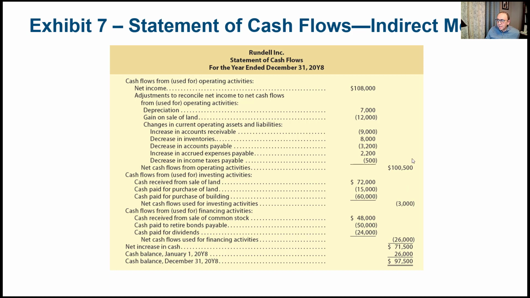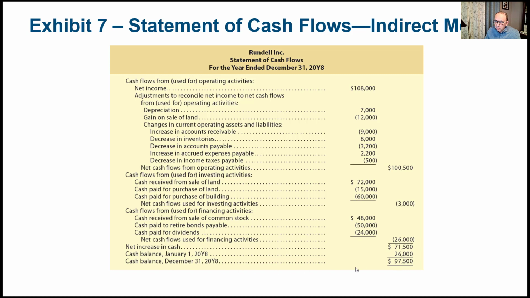So you can see that we have a positive value for operating activities and a slightly negative value for investing activities. And then for financing activities, we have the negative $26,000. Yet the total net cash flow is increasing because if we add these three values, it's $71,500, which I think is a positive thing. The beginning balance for cash was 26. We add to it the amount of change, which is the increase in cash.